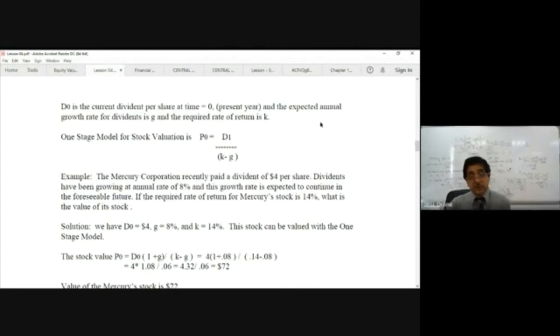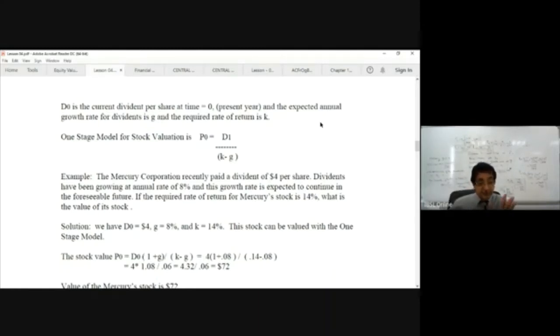Now, in order to work out this type of a sum, the first thing we need to do is jot down the data available. That's how we have arrived at the solution.